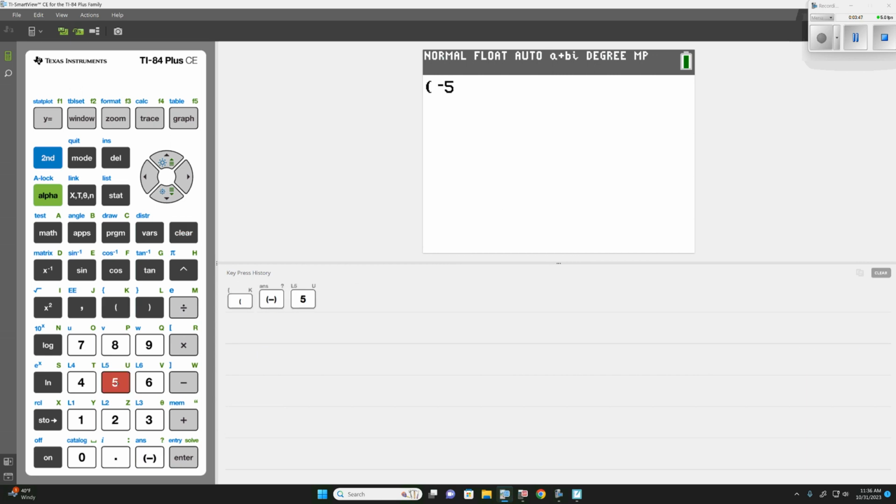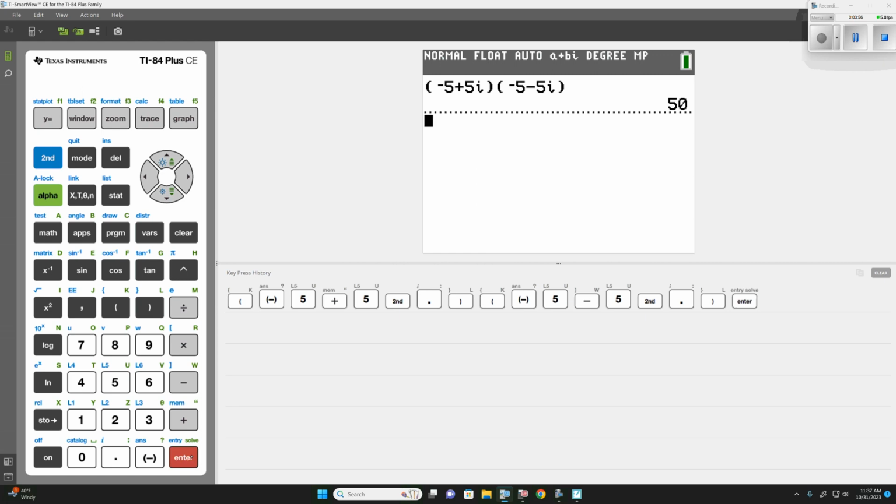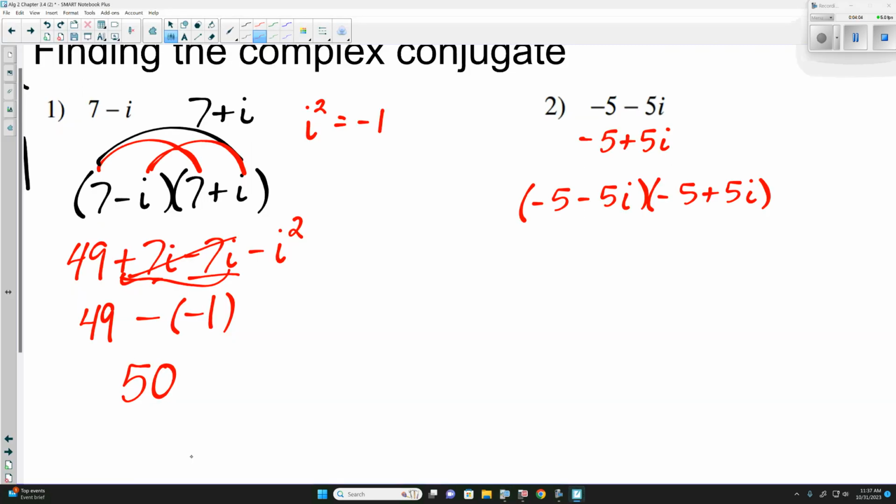We could say negative 5 plus 5i times negative 5 minus 5i, and we get 50. It is coincidental that both of the first two work out to be 50. Now on the worksheet, the homework for this, it will ask for the complex conjugate and their product.